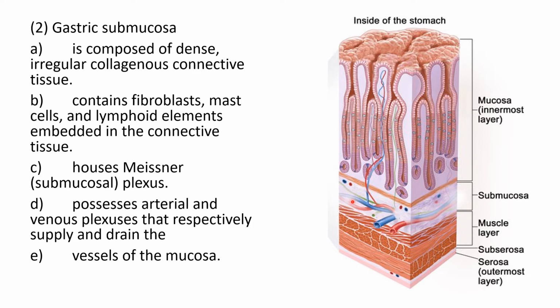The function of an artery is to carry oxygenated blood from the heart, and the function of a vein is to carry back deoxygenated blood. Some vessels of the mucosa are also present in the submucosa of the stomach.